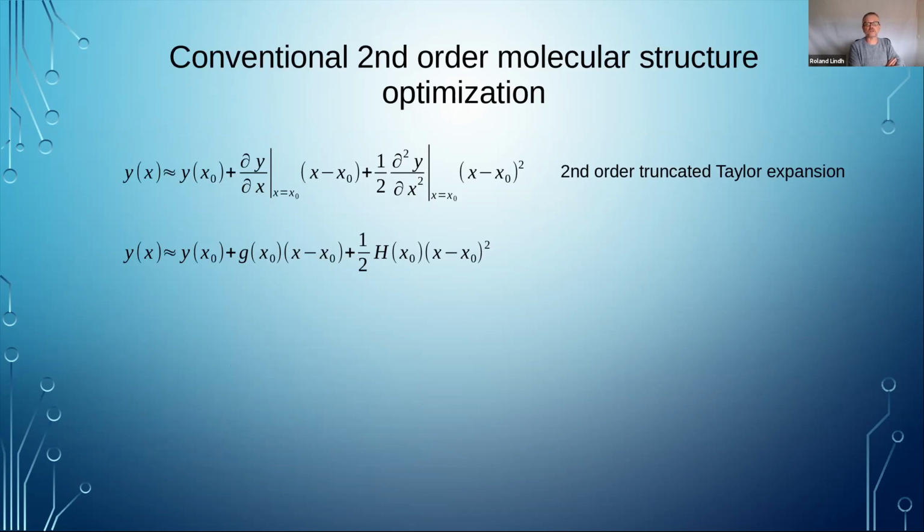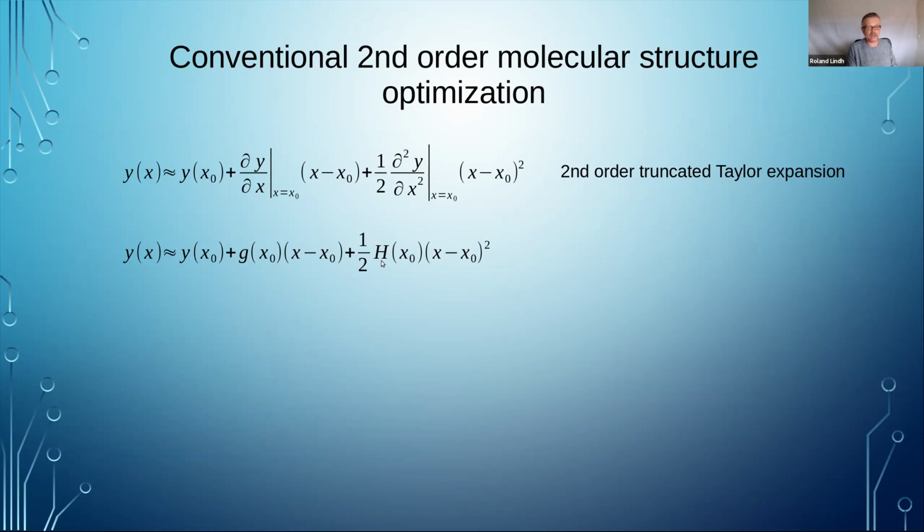So conventional second-order molecular structure optimization, we tend to use a Taylor expansion, which we truncate, and we normally use a second-order truncated Taylor expansion to describe the potential energy surface on which we're trying to find a stationary point. We might write it in this way, or we might write it in a vector matrix formalism.